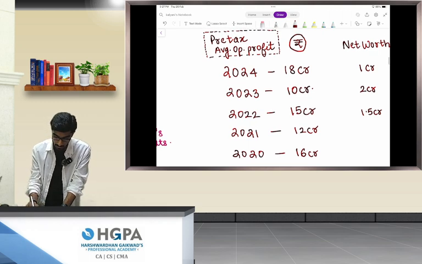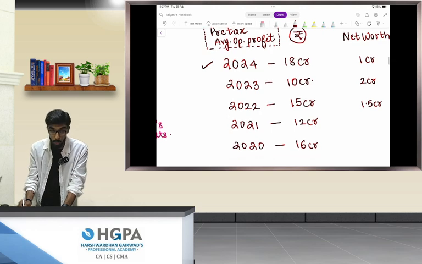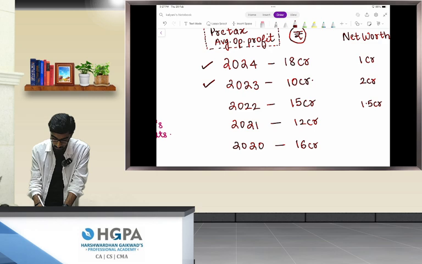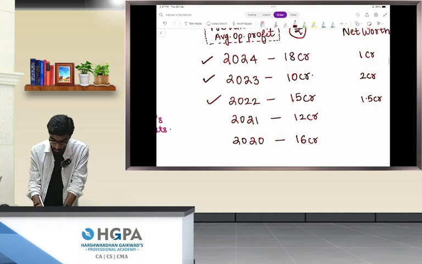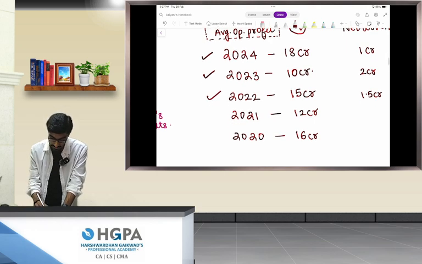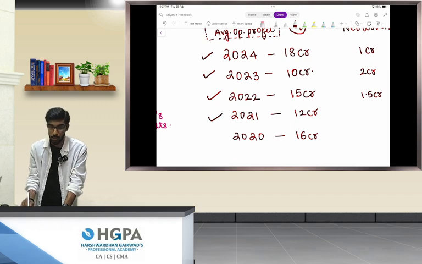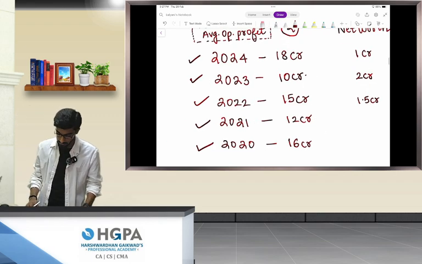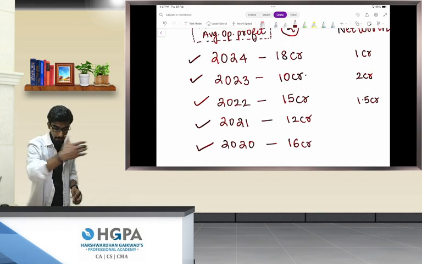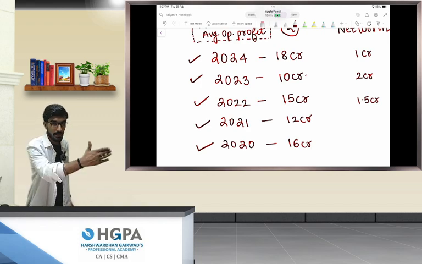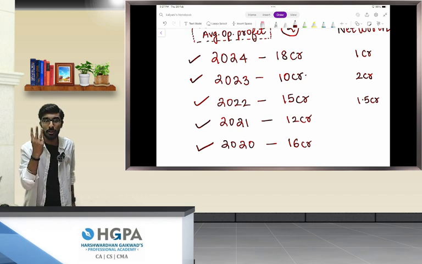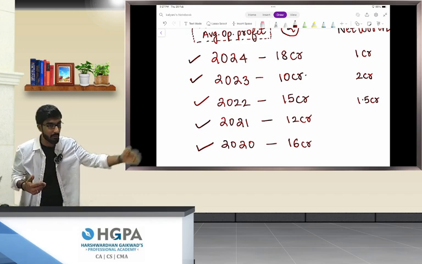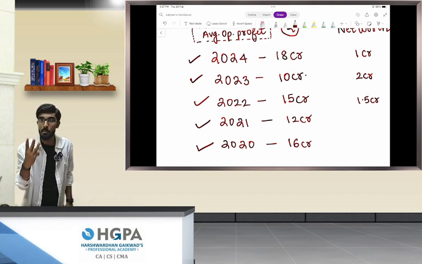Last year's pre-tax average operating profit was 18 CR. 2023 average operating profit was 10 CR. 2022 was 15 CR. 2021 was 12 CR. 2020 was 16 CR. Now, in the last 5 years, which are the 3 most profitable years?